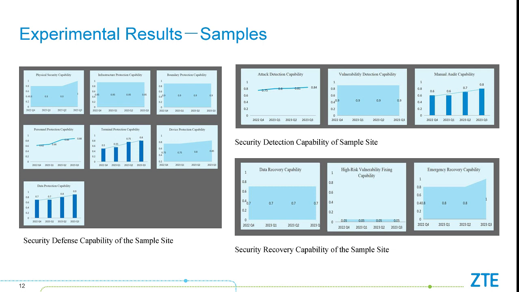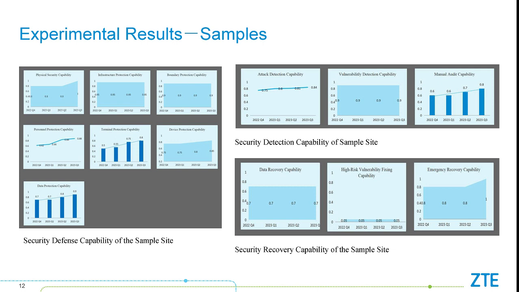And in the third figure, it can be seen that the data recovery capability is not very high, and the reason is that we lack a proper environment for recovery testing of backup data.